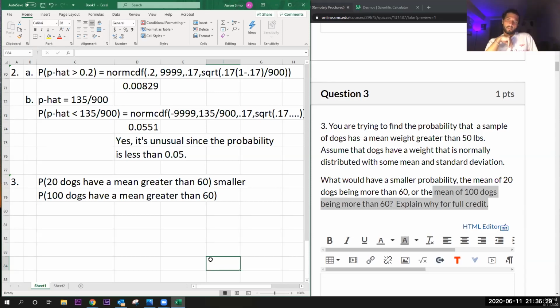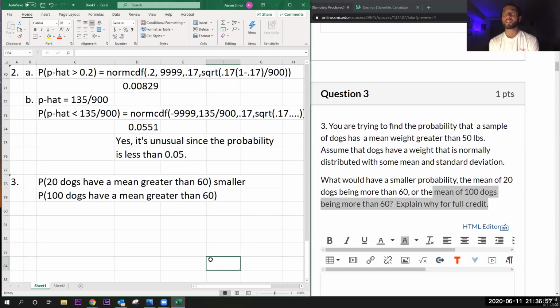So the likelihood that a mean is closer to the center is higher for the 100 dogs, right? That's true. You could be right, actually. So that would mean that those 100 dogs would more likely be at about 50 pounds, since that's the mean weight.